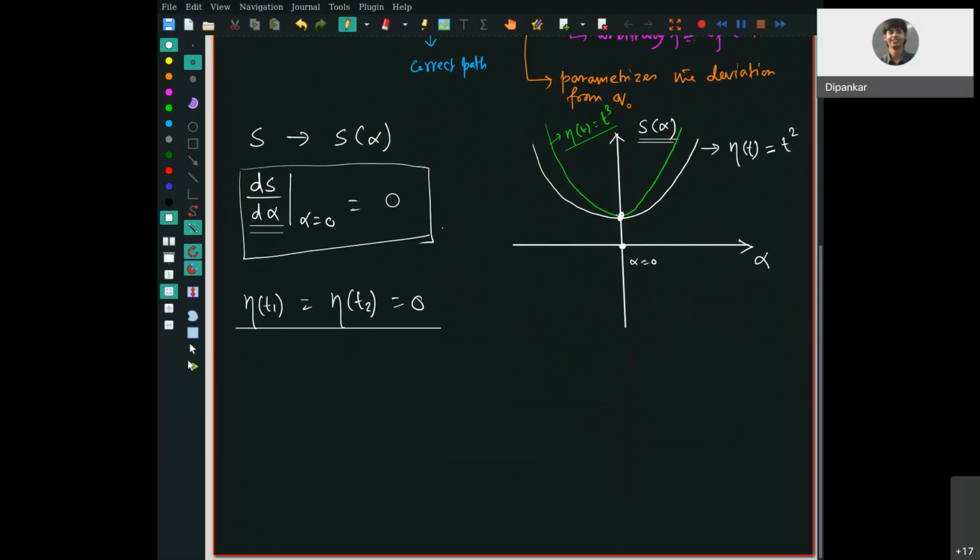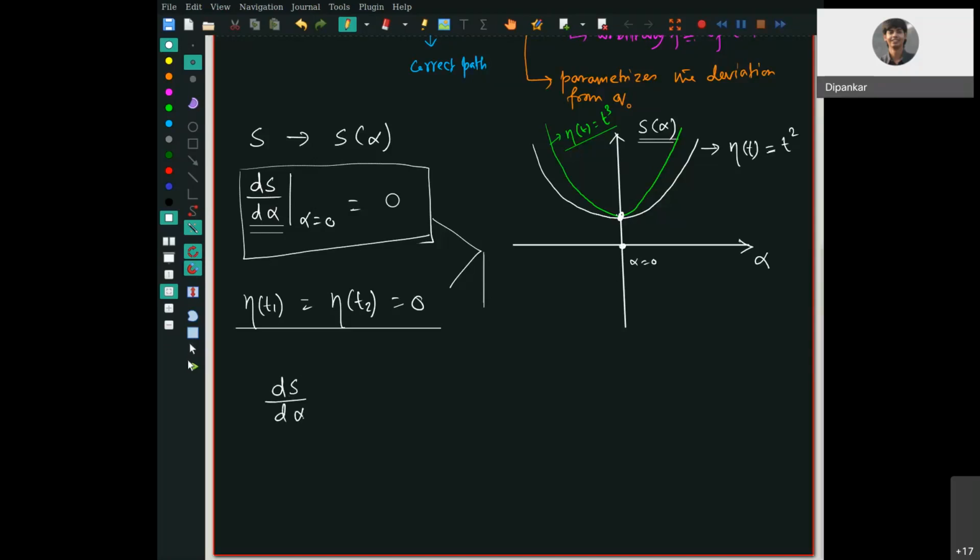So under these two conditions, I have to find out what should be the condition on L such that dS/dα equals 0. All right. So if I calculate dS/dα equals 0, let me first write it.